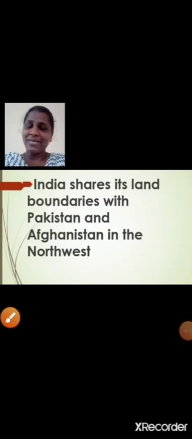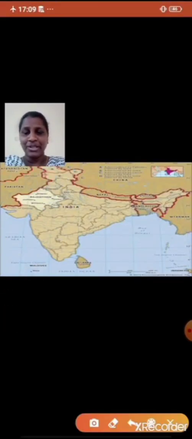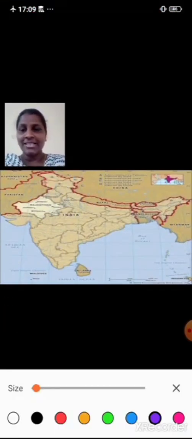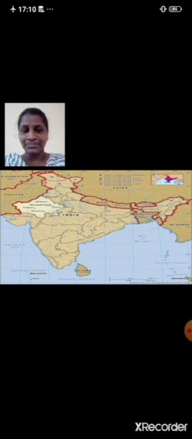India shares its land boundaries with Pakistan and Afghanistan in the northwest. Have a look over here, you will understand. Our country shares its land boundary with Pakistan and Afghanistan towards the northwest. Is that clear, students?